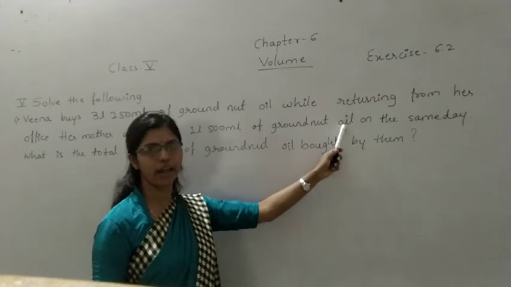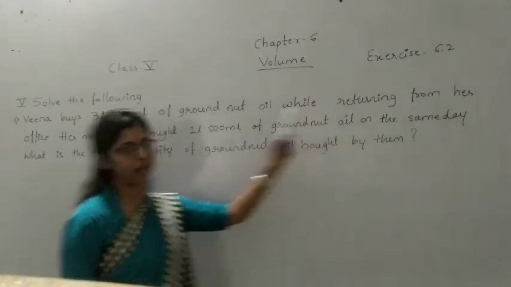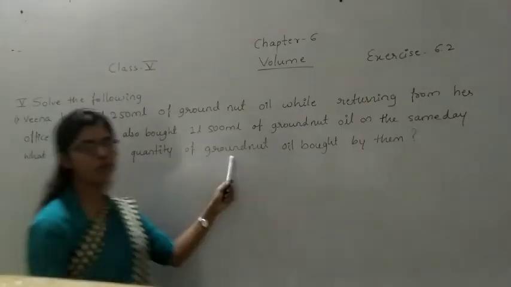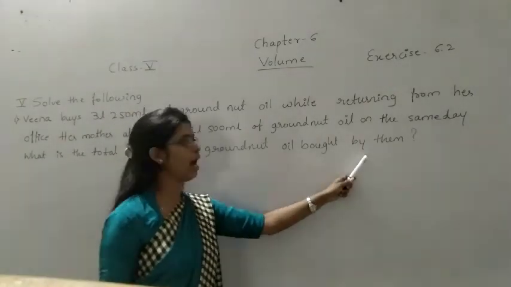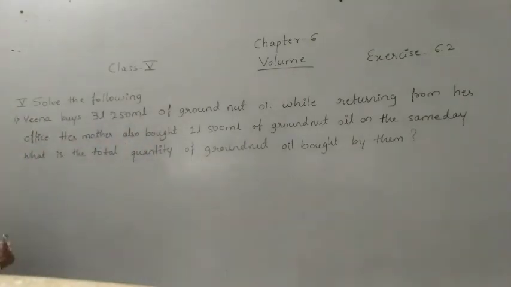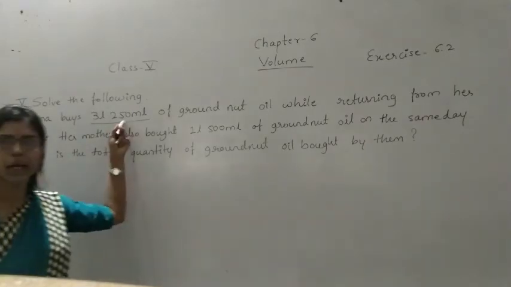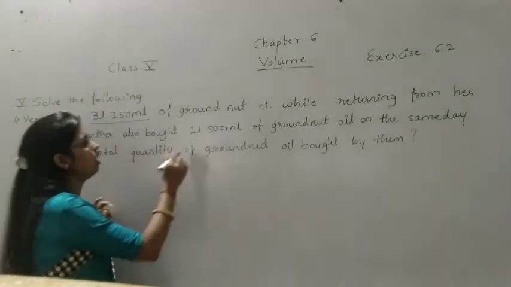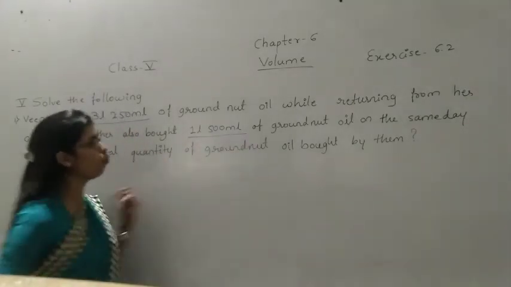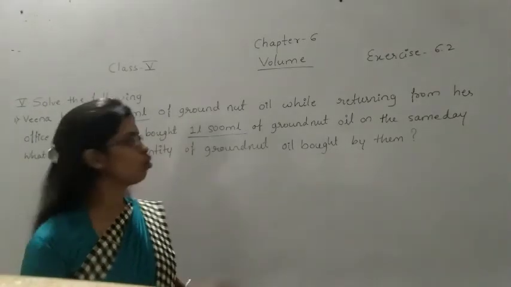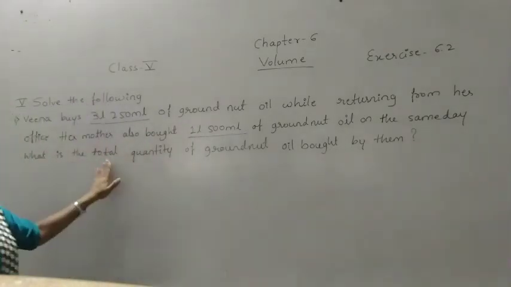What is the total quantity of groundnut oil bought by them? So what they are asking here: Veena buys 3 liter 250 milliliter groundnut oil. The same day, her mother bought 1 liter 500 milliliter. So they are asking total quantity. Total quantity means we should add the given quantities.